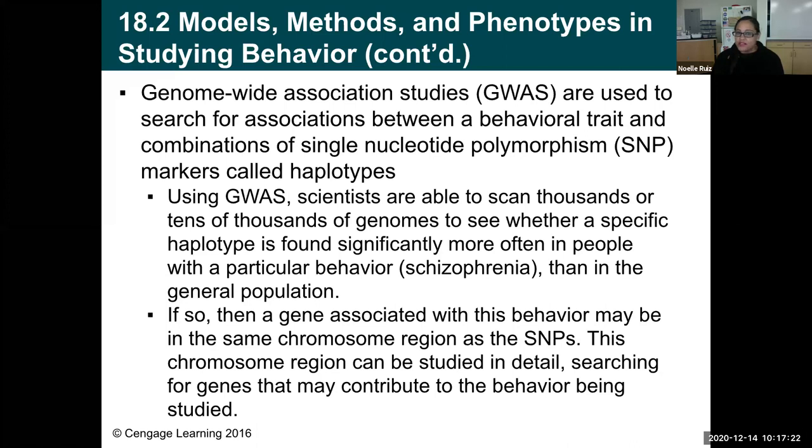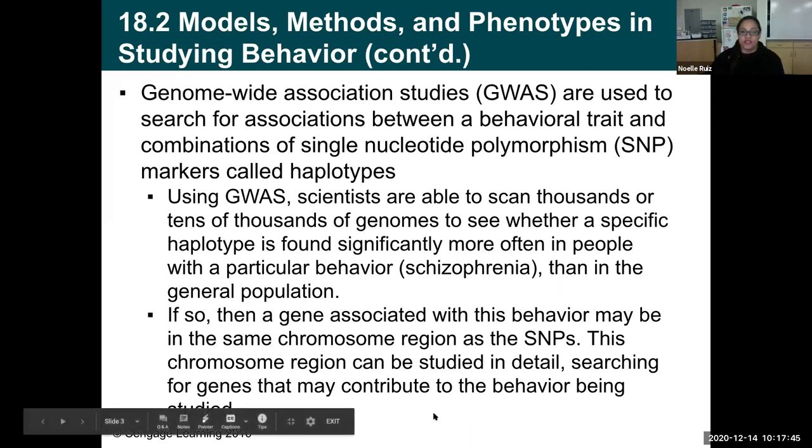Using the GWAS, scientists are able to scan thousands or tens of thousands of genomes to see whether a specific haplotype is found significantly more in people with a particular behavior, maybe like schizophrenia, than in the general population. If so, then a gene associated with this behavior may be in the same chromosome region as the SNP. This chromosome region can be studied in detail, searching for genes that may contribute to the behavior being studied.